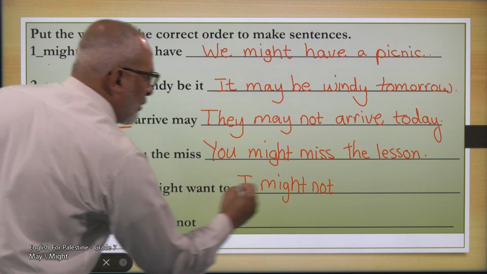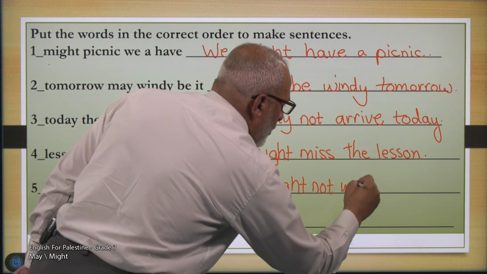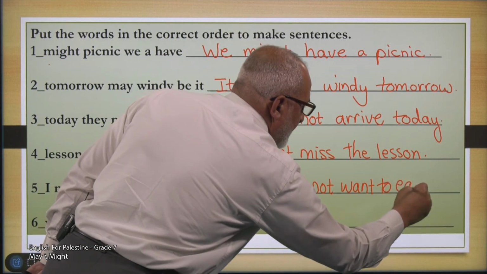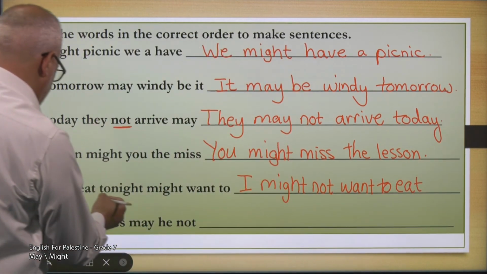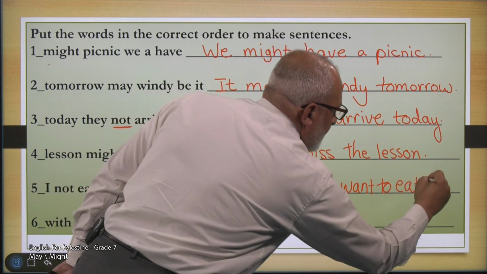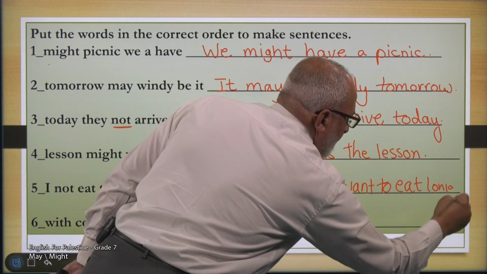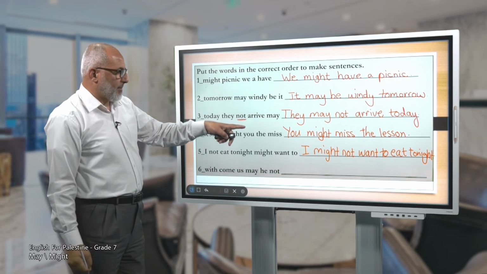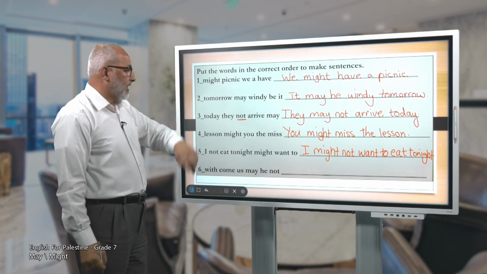The verb is want to eat, and the rest of the sentence, tonight. Yes, so I might not want to eat tonight.